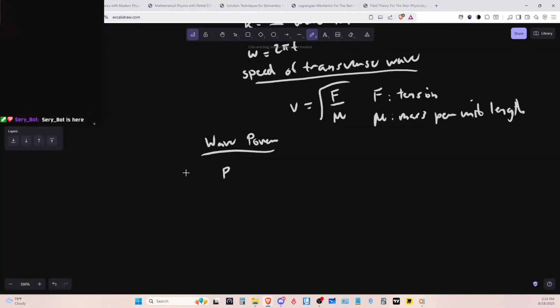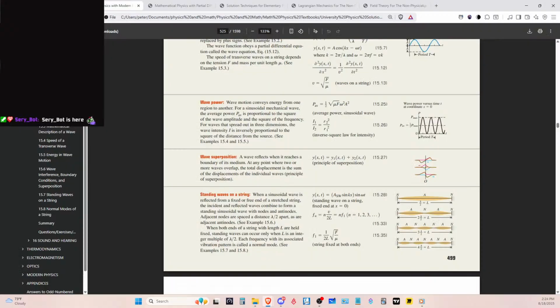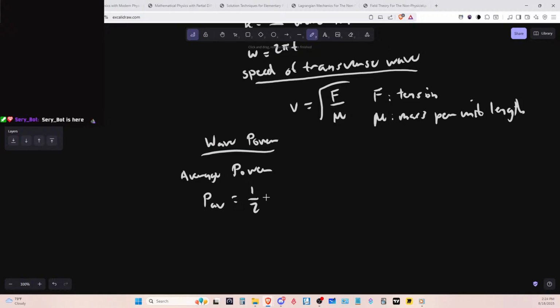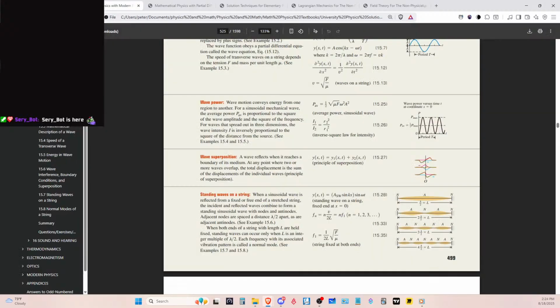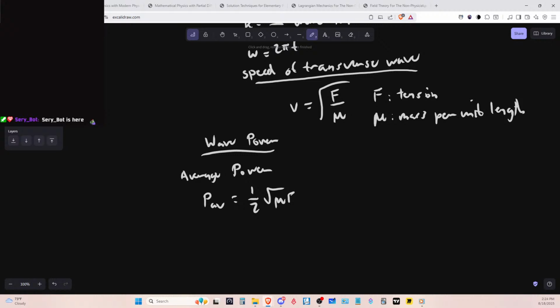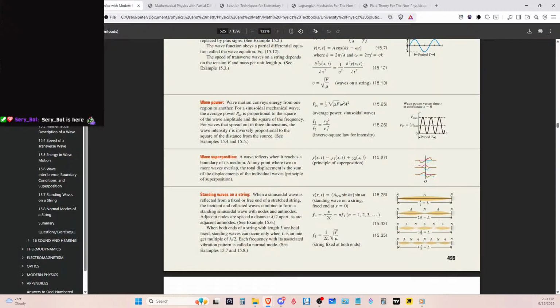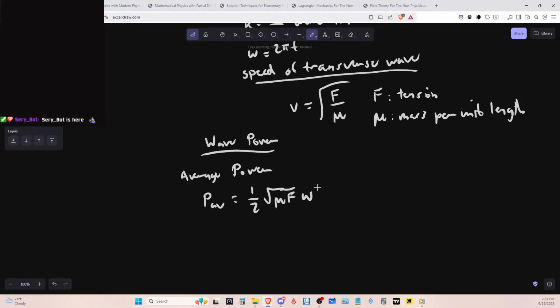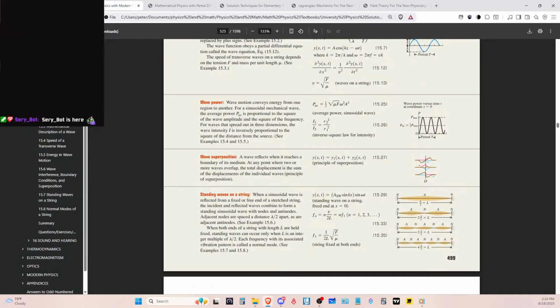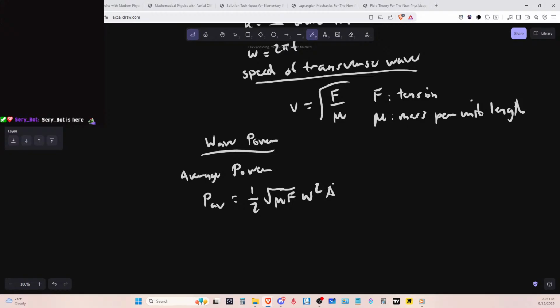We'll write average power P, that is half of the square of, and amplitude square.